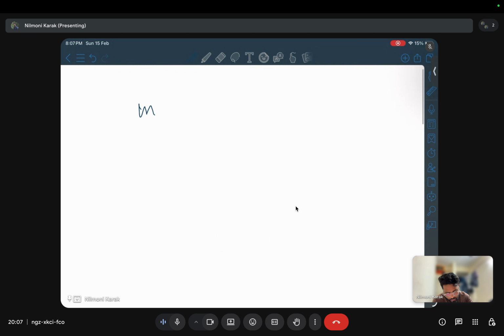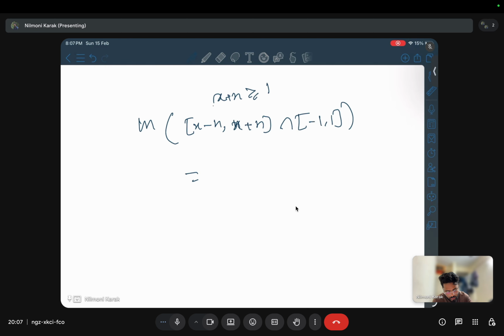In that case, the measure is x minus n, x plus n intersection minus 1 to 1. We have x plus n greater equals to 1, so this is 1 minus x minus n, so 1 minus x plus n.